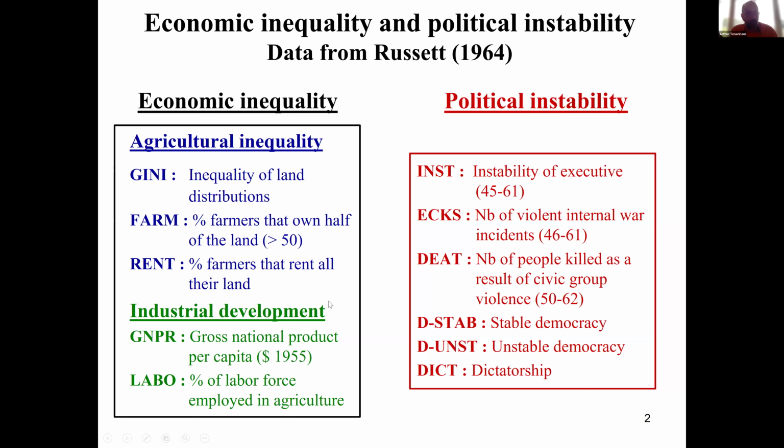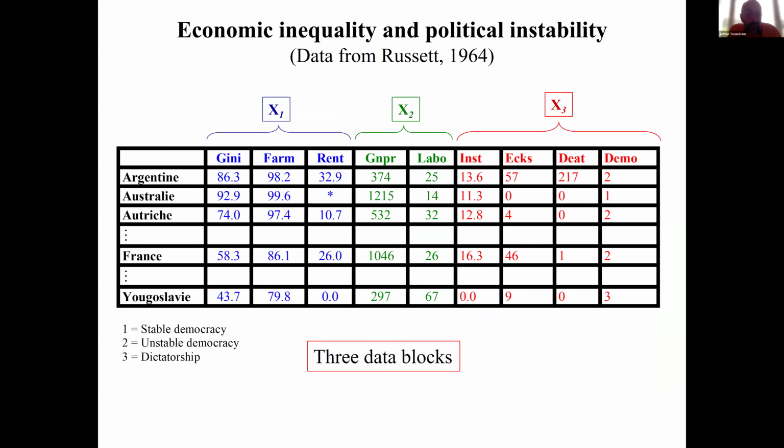So we have three types of information, and we want to understand the relationship between those three types of information. And we have this information for a set of countries. You see that here we have a set of countries: Argentina, Australia, France, Yugoslavia. And for each country, we measure a set of variables.